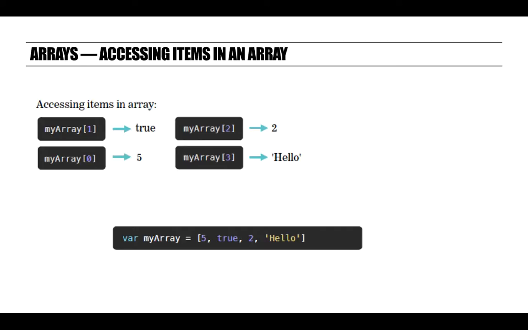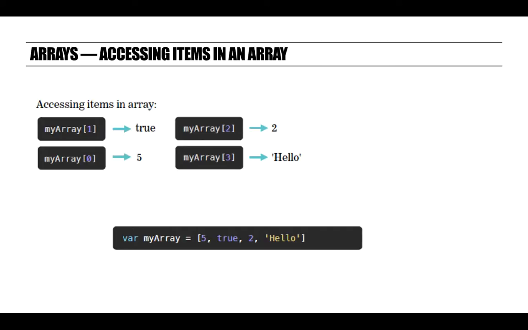So in this case, we have this myArray variable, and it's holding this array. We have 5 as 0, true as 1, 2 as 2, and then hello as 3.